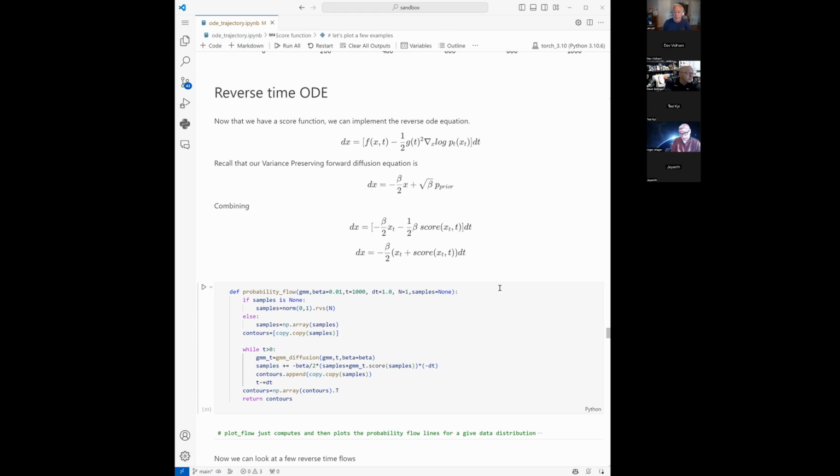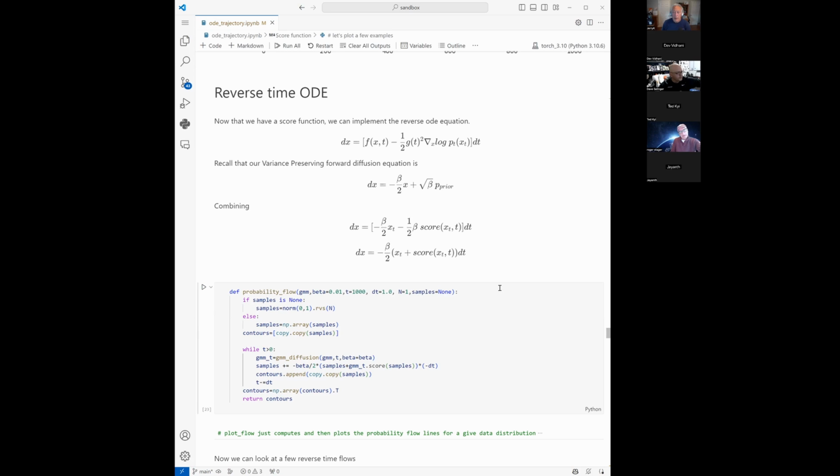If you look at those score function vector fields, that's the score part, they're pushing you towards the center of mass for the data distribution.